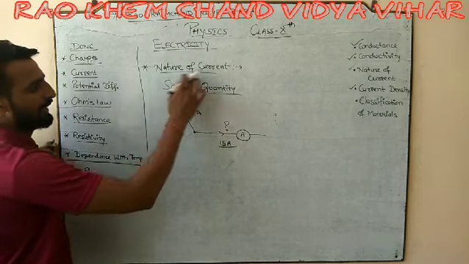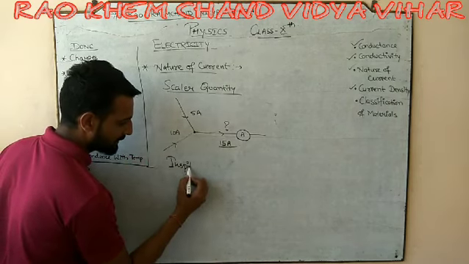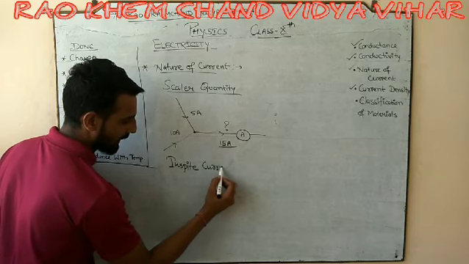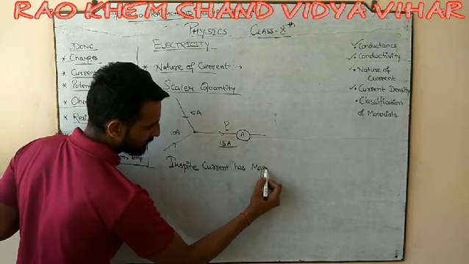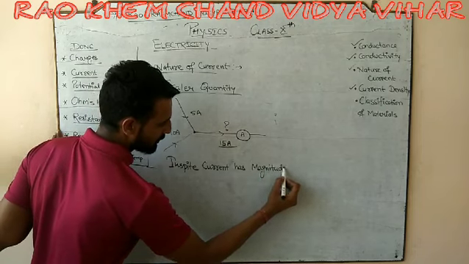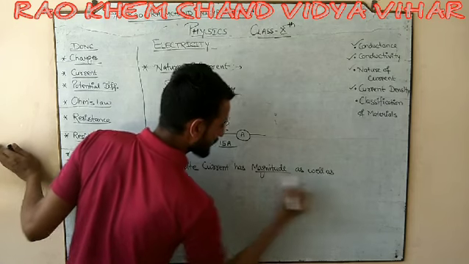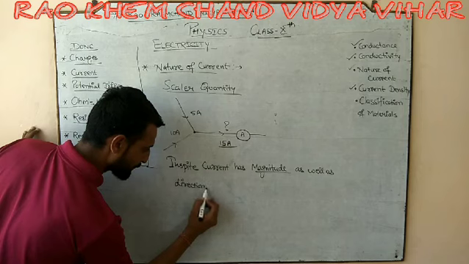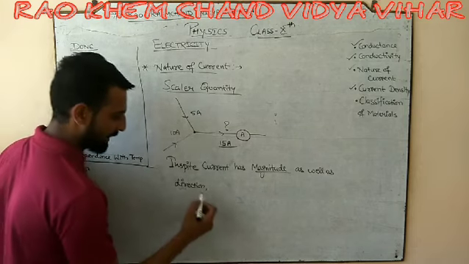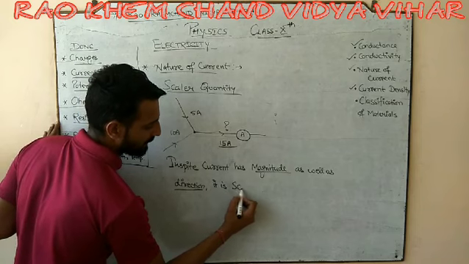So in spite of the fact that current has magnitude as well as direction, it is a scalar quantity.